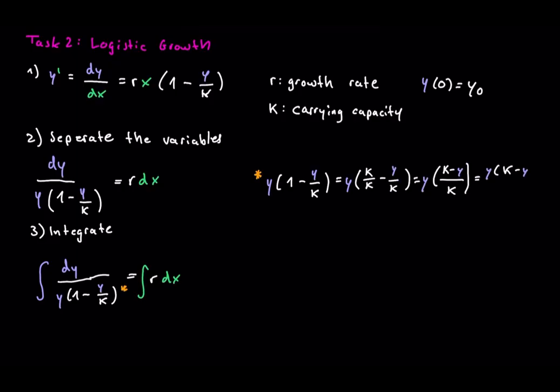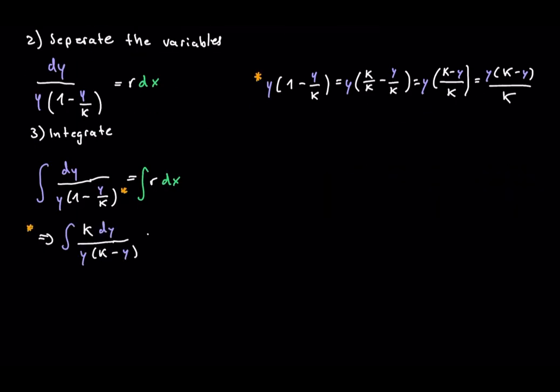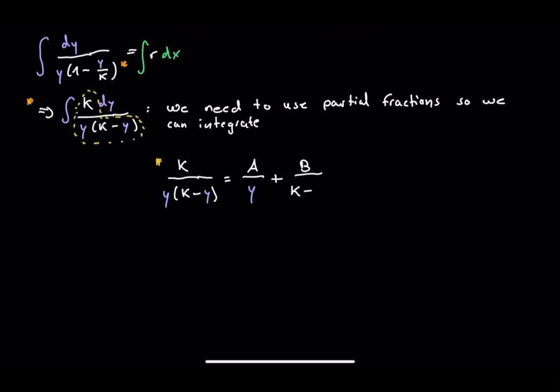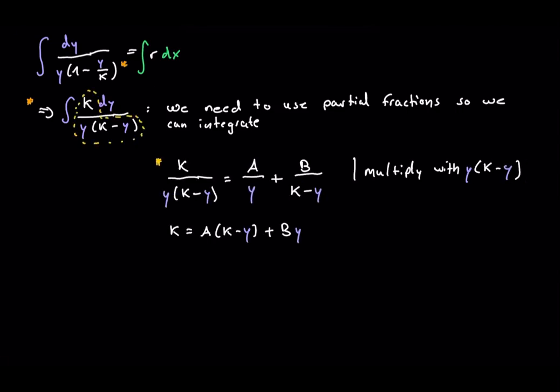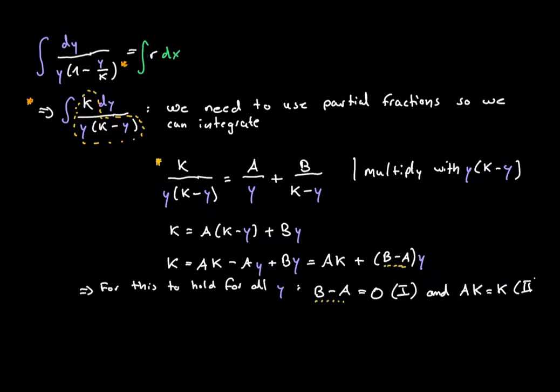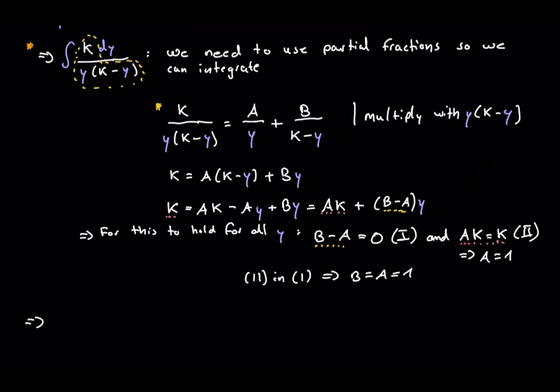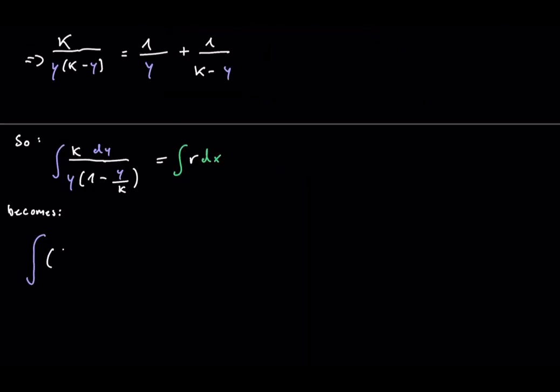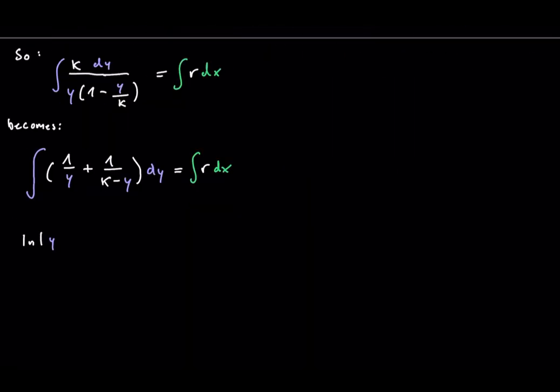Now integrate both sides. The integral of 1 over y is the natural logarithm of the absolute value of y. The integral of 1 over k minus y is negative ln of the absolute value of k minus y. So we get the natural log of y minus the natural log of k minus y equals rx plus c. Combine the logs. The natural log of y over k minus y equals rx plus c.